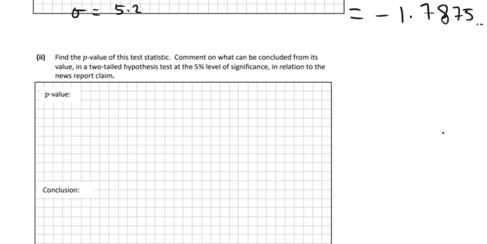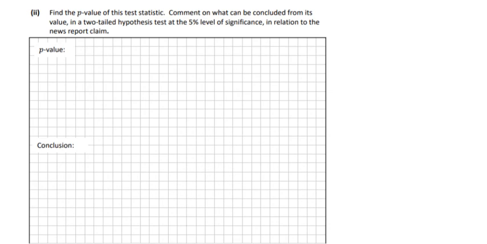So we have to find the p-value of this test statistic. Comment on what can be concluded from its value in a two-tailed hypothesis test at 5% level of significance in relation to the news report claim. Right, so if you think about our normal distribution again, if 0 is there, then 1.96, because it's a 5% level of significance.